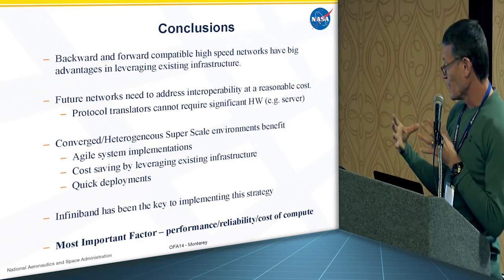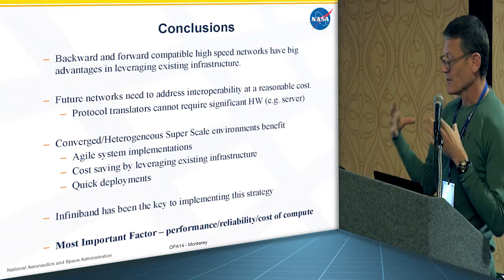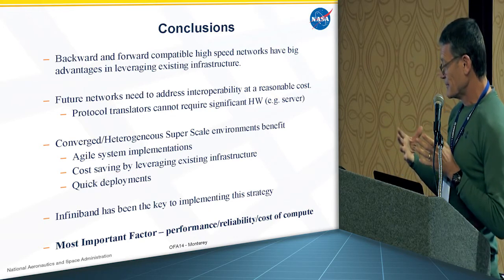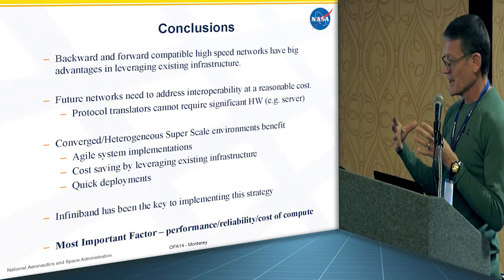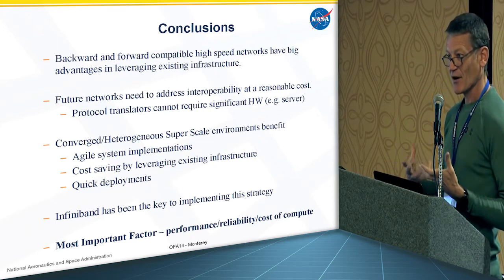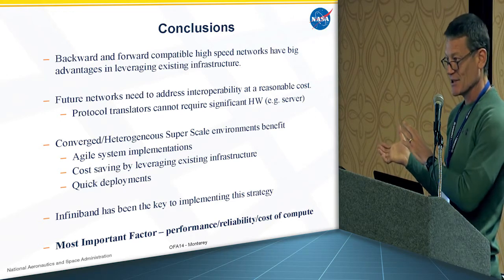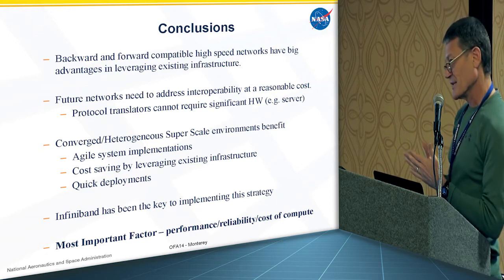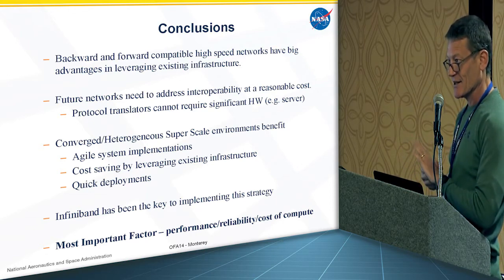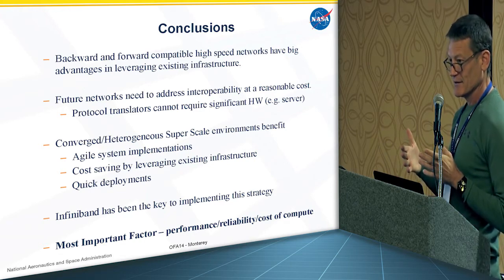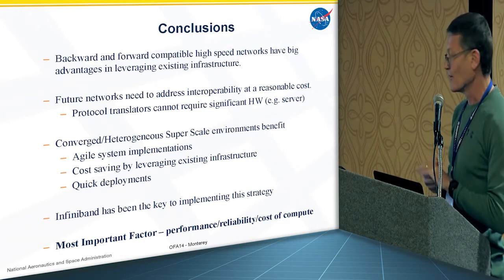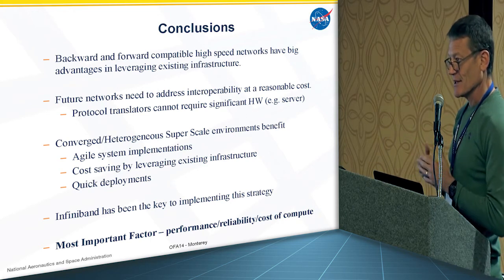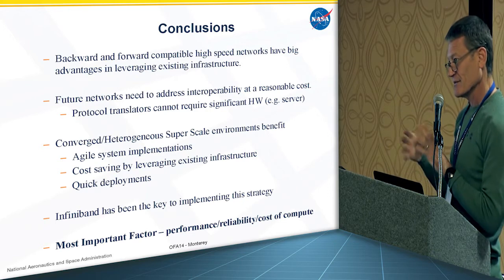When we look forward at how we're going to tie these different things together, there can be a pretty big expense in terms of interoperability, and this is something we've leveraged off of, having forward compatibility and backward compatibility between these multiple generations of Infiniband technology, which has been quite good. And so protocol translators, expensive hardware components, is bad, right?